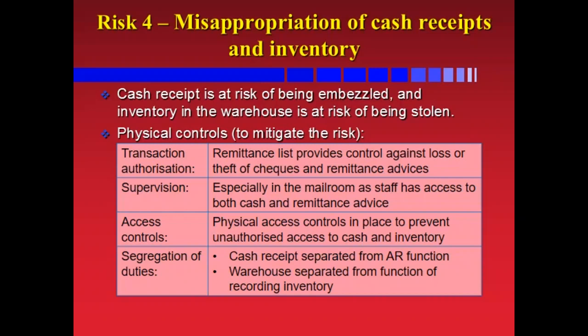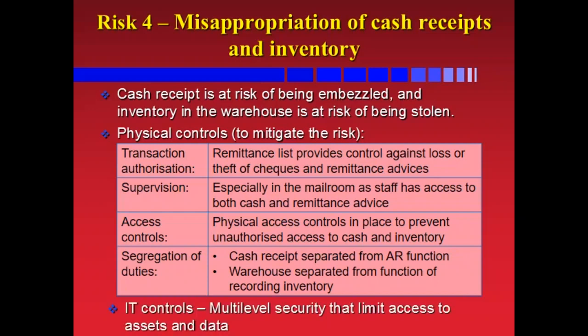In a computerized environment, the segregation of duties is accomplished through multi-level security procedures that limit access to authorized processes and data. For example, a staff assigned to particular roles cannot access program procedures and data that are not specified for that role.